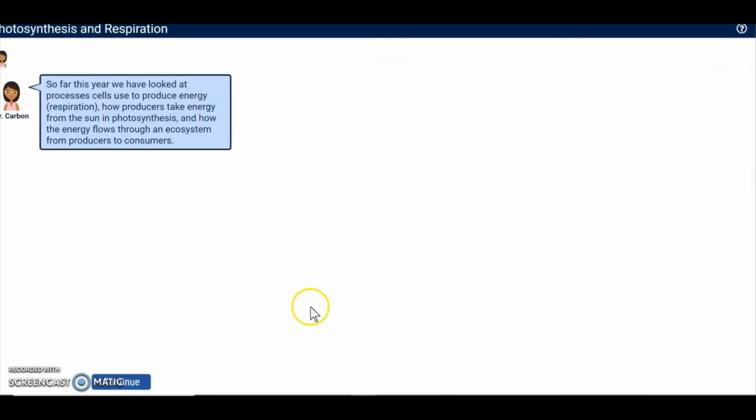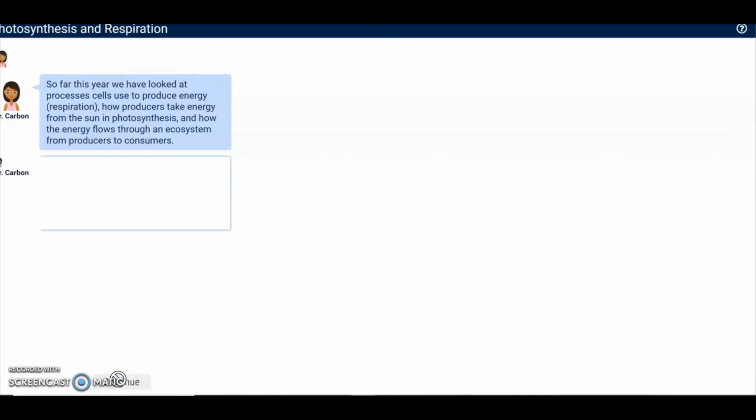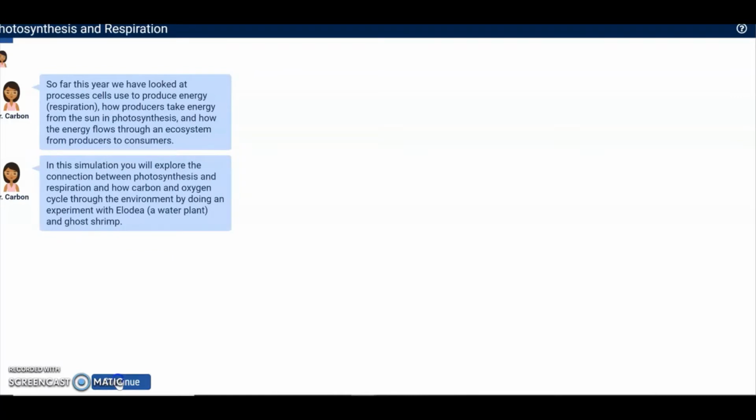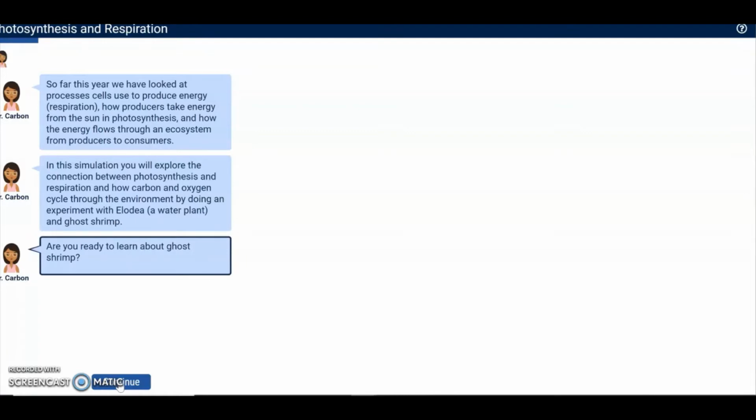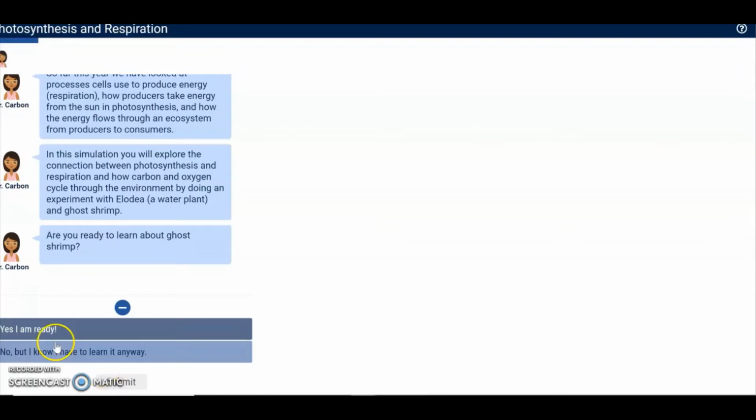So let's look at how this simulation works. It starts out with a little bit of information, a review of what the students have studied so far to connect them to their prior knowledge, and a couple of questions about that as Dr. Carvin discusses the organisms that are in the experiment.